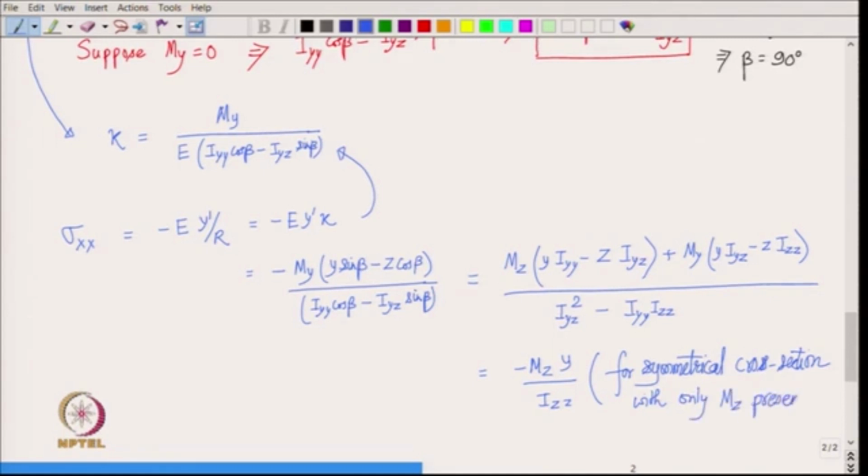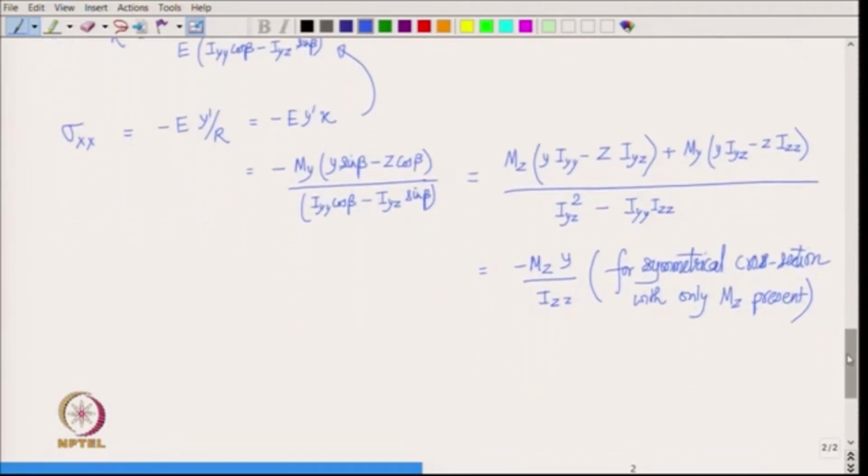Okay, let us just try to see, can we obtain this simpler formula from the general formula. So, this general formula is for unsymmetrical cross sections, but suppose that we choose our y and z axis so that they are aligned along the principal axis of the cross section.